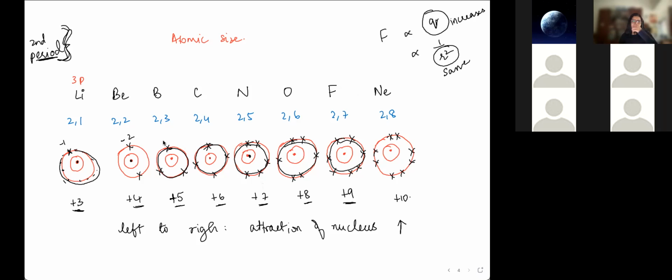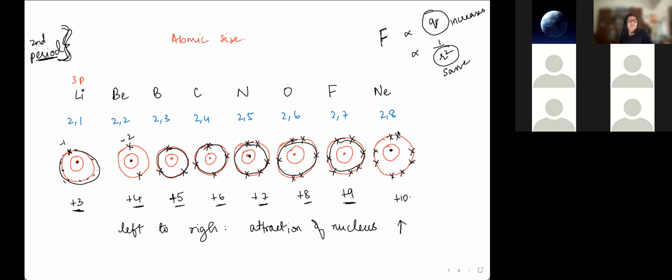See, force of attraction depends on how much charge is there, and it also depends on the distance between the charges, like the positive charge and the negative charge. In all of these atoms, the distance between the charges is the same, right? Like second shell hi hai sabka.